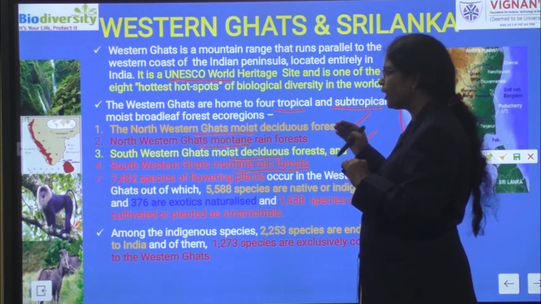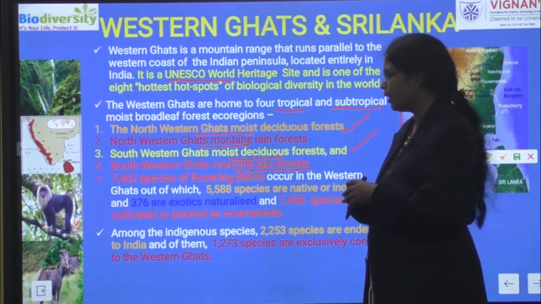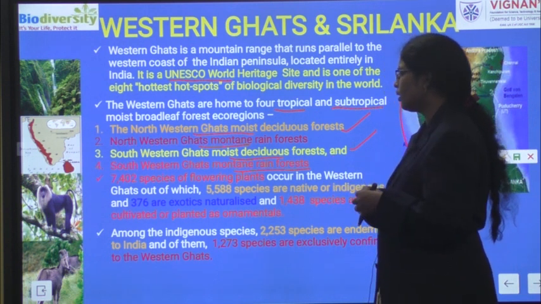So these are the 4 regions of Western Ghats because of the water facility.